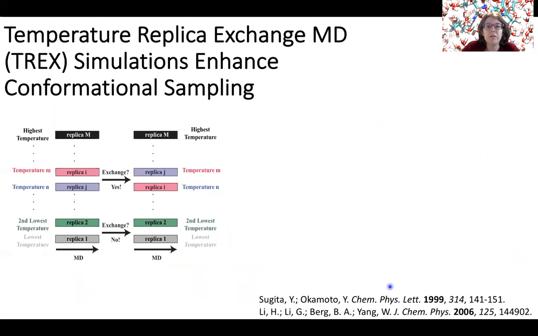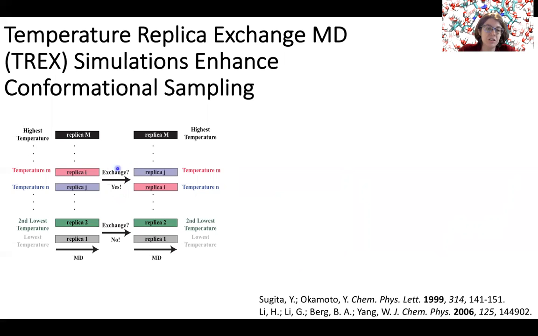One way we can get around this is a special kind of MD simulation called temperature replica exchange MD simulation. I'll be calling this T-Rex simulation for the rest of the talk. For T-Rex simulations, you simulate a whole series of MD simulations in parallel at different temperatures. Then periodically you attempt to exchange between two replicas.